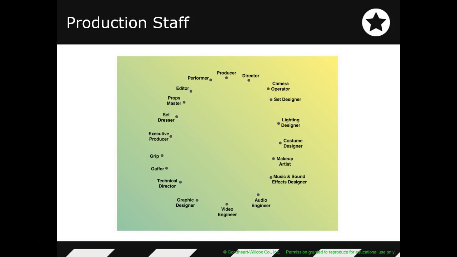Video engineers handle the process of getting video from the studio or wherever to an antenna to your TV. Audio engineers run the audio board. Film, we have costume.